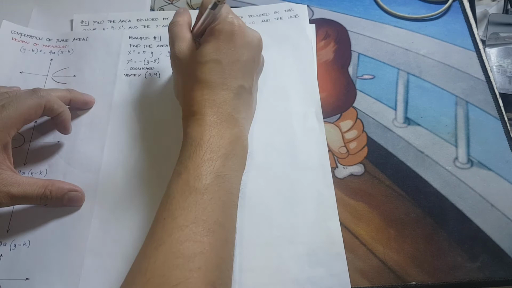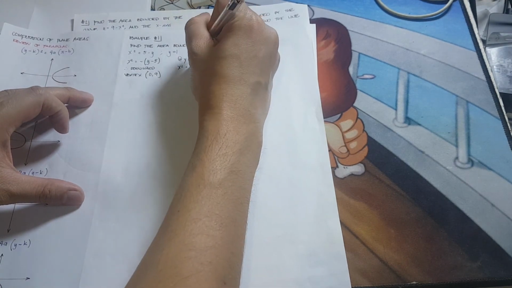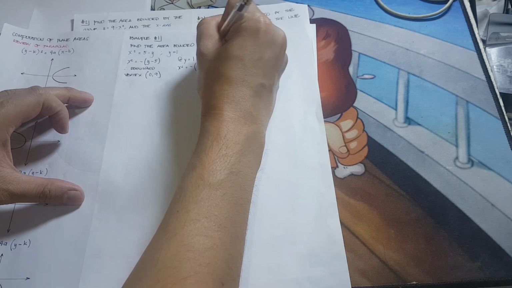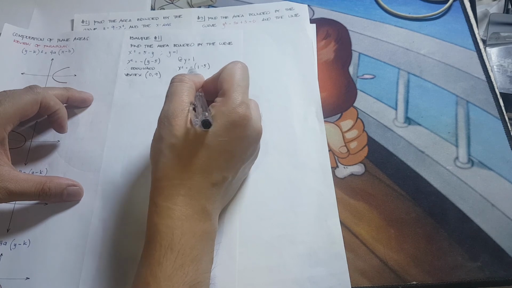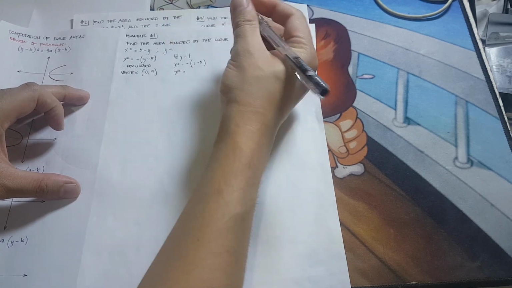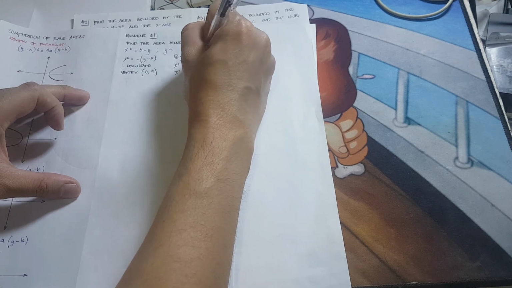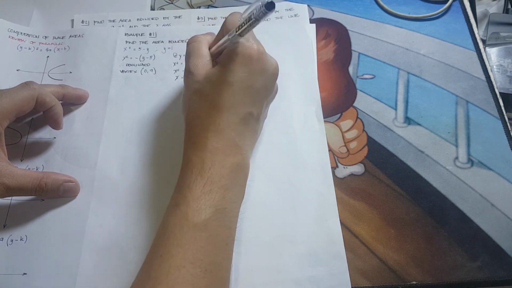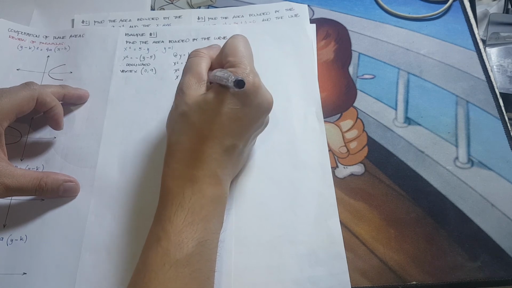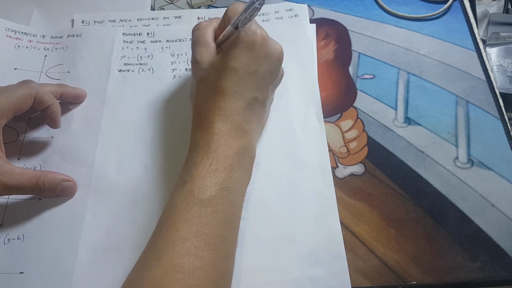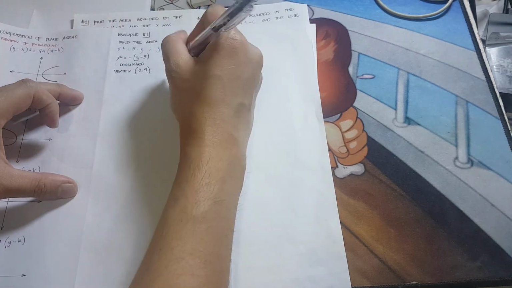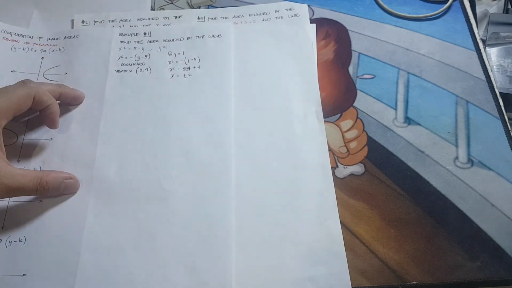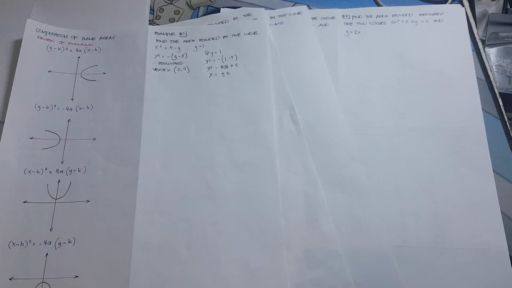That would be x squared is equivalent to negative, 1 minus 5. So 1 minus 5 is negative 4, times negative, x squared is equivalent to 4. Therefore, x is equivalent to plus or minus the square root of 4, which is plus or minus 2. And that is the x coordinate.